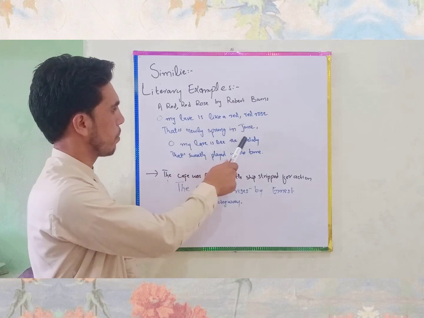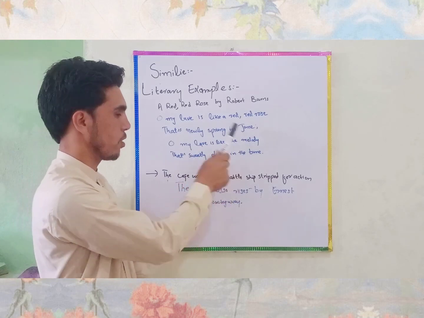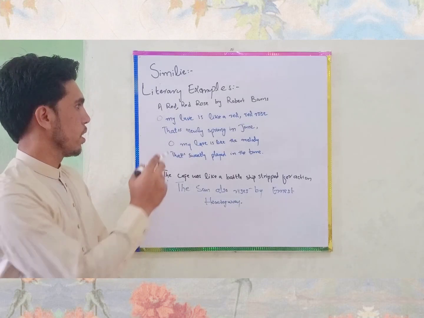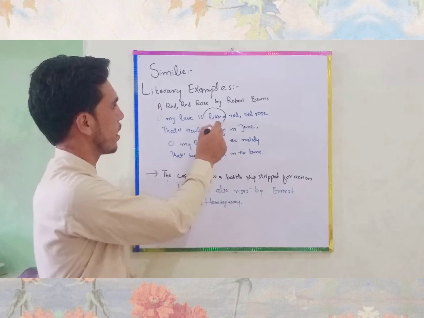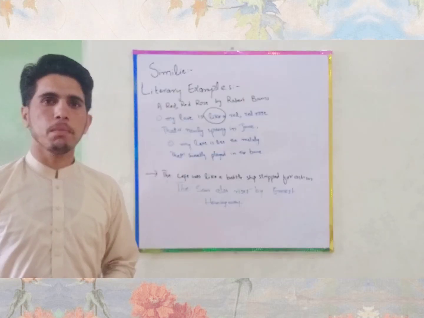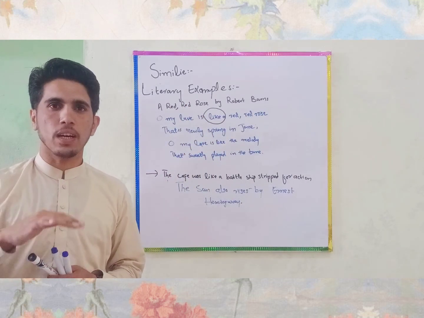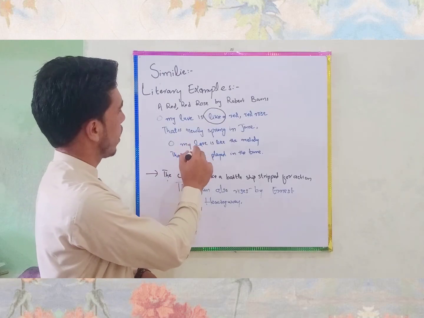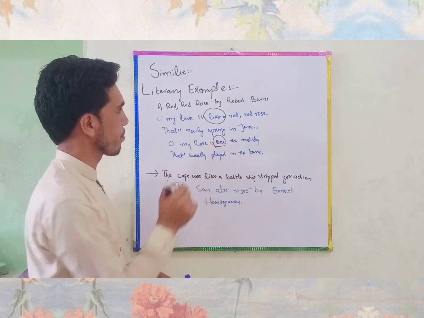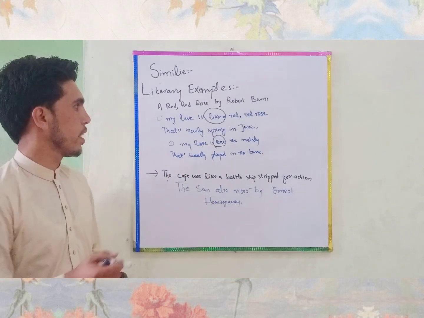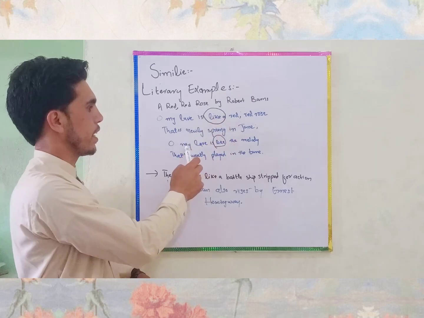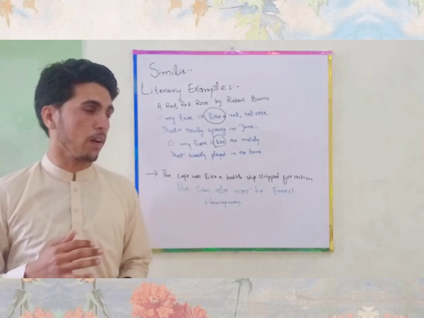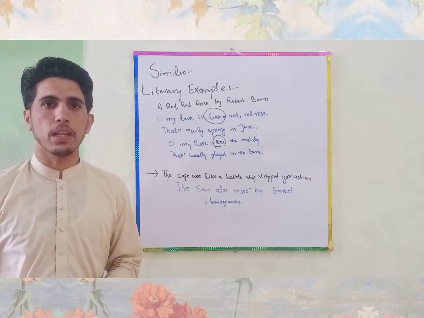Oh, my love is like the melody that's sweetly played in tune. Here the poet compared his love with a red rose, and in this line the poet compared his love with a melody, a sweet and pleasant song. So this is an example of simile.